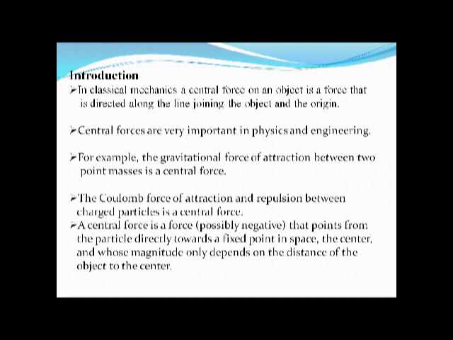Like for example, in our solar system the origin is the sun, and if we imagine that the earth is rotating around the sun, the force line between the sun and the earth helps you understand the central force on the object.